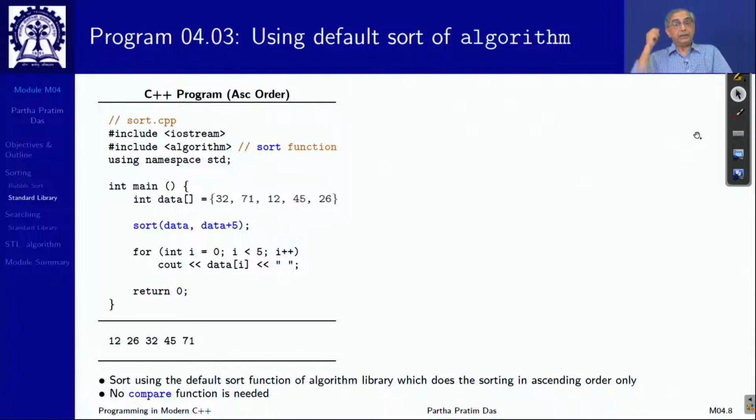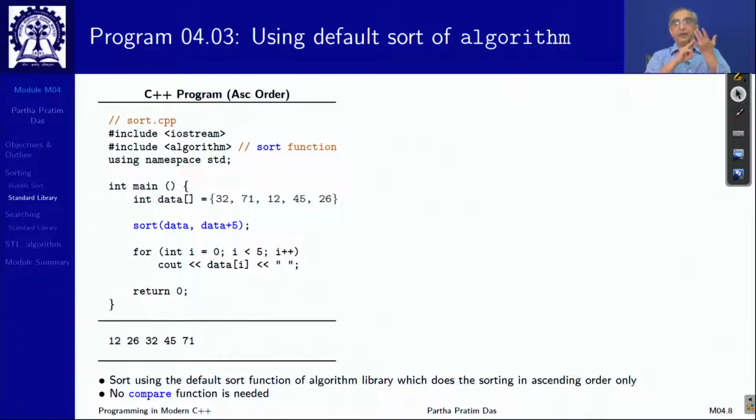Now, the example that I showed sorts in descending order. If you want to sort in ascending order, it becomes even simpler, because that is considered to be the default for the algorithm sort given. So, you do not even need the third parameter, you just say what is the range, data, data plus 5, and ask to sort.